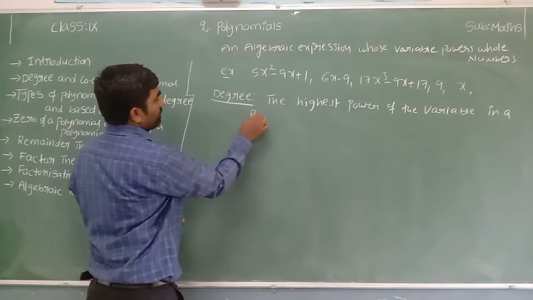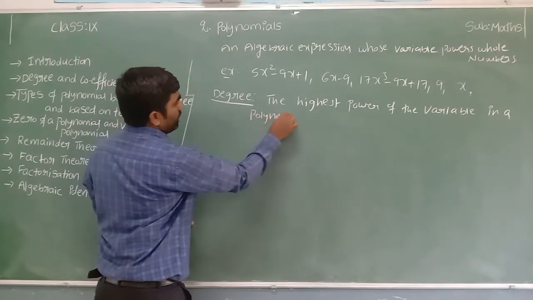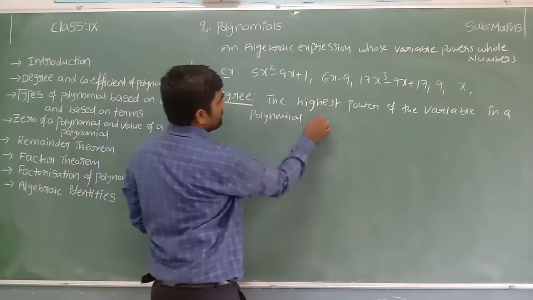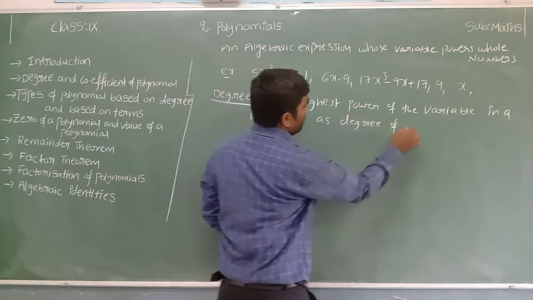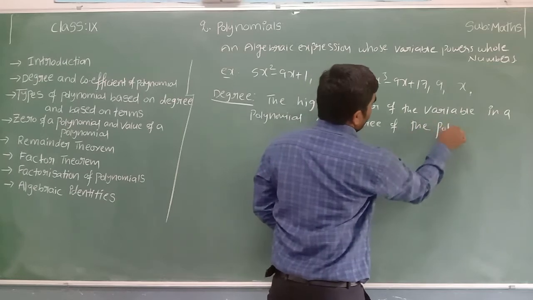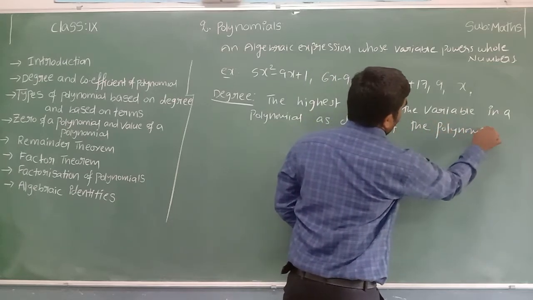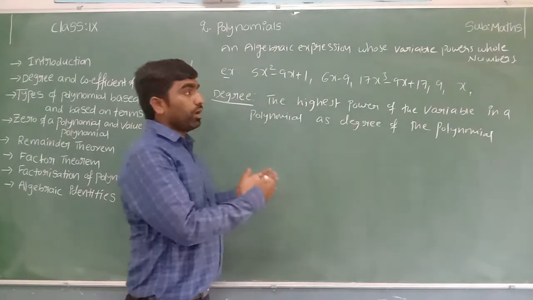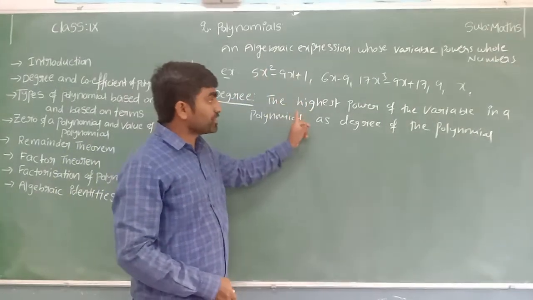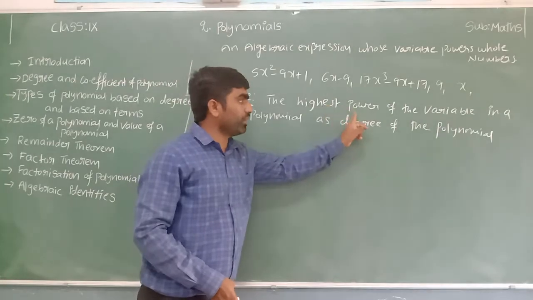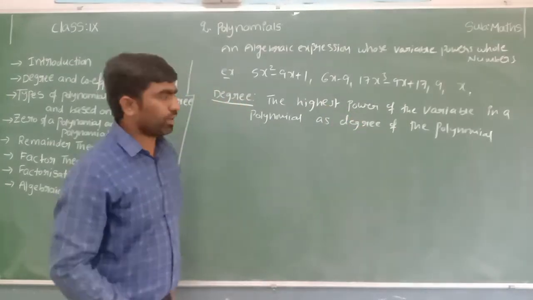The highest power of the variable in a polynomial is the degree of the polynomial. See, in a polynomial each and every term has a power. Among those powers, the highest power is called the degree of the polynomial.